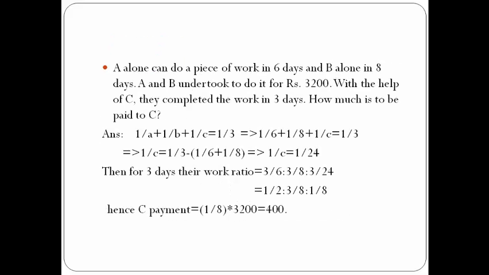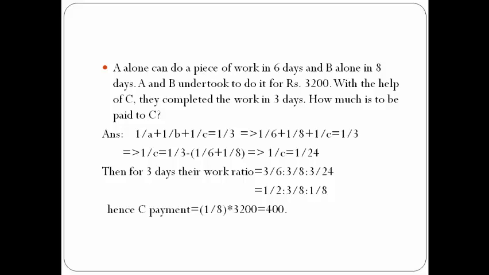A alone can do a piece of work in 6 days and B alone in 8 days. A, B undertook to do it for 3200 with the help of C. They completed the work in 3 days. How much is to be paid to C?